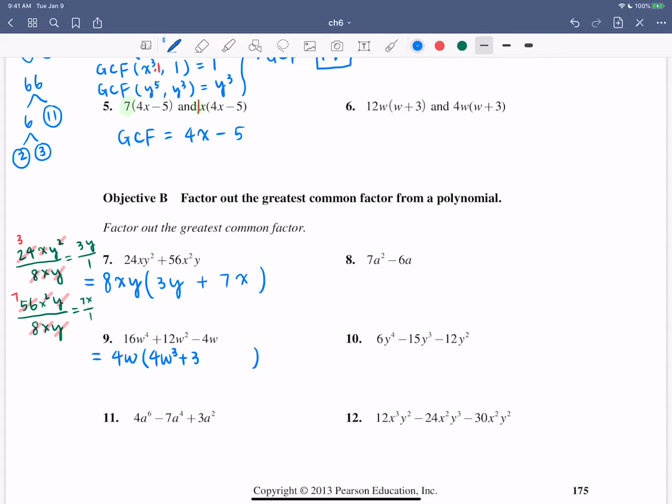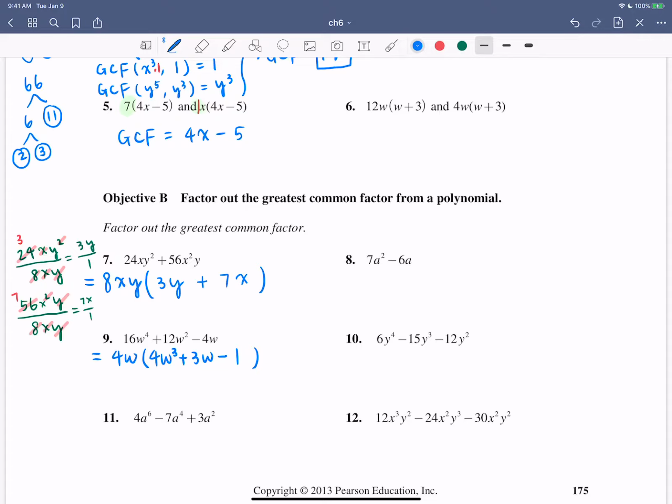W squared divided by w, that's w. And then negative 4 divided by 4, that's negative 1. I'm just going to put a negative sign because a coefficient of 1 can be invisible. And then w divided by w, that is also 1. And since none of these are non-1, I'm just going to put a 1 right here. And that will be our last term.